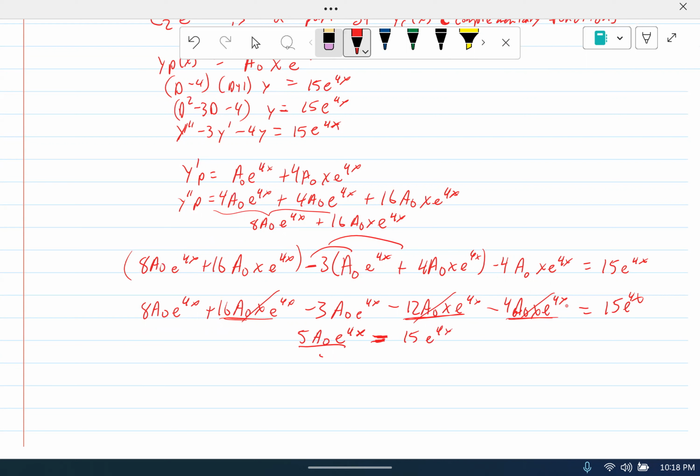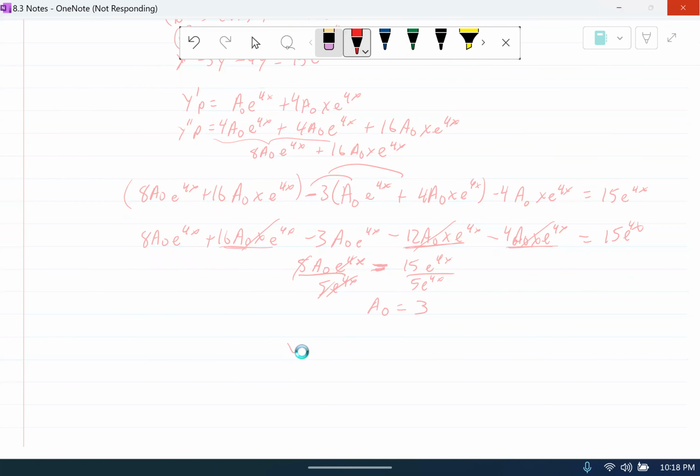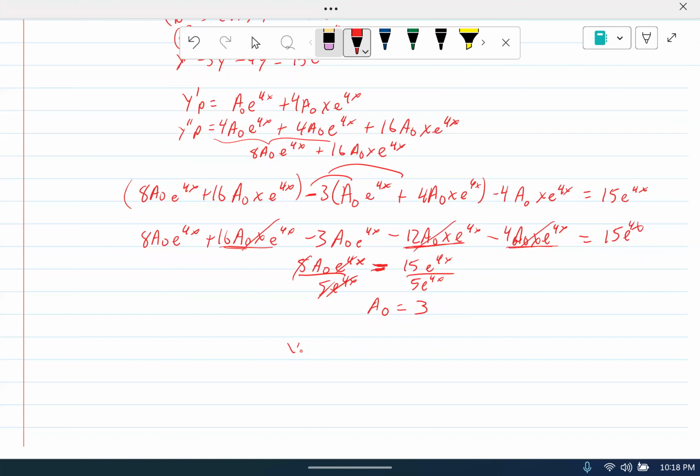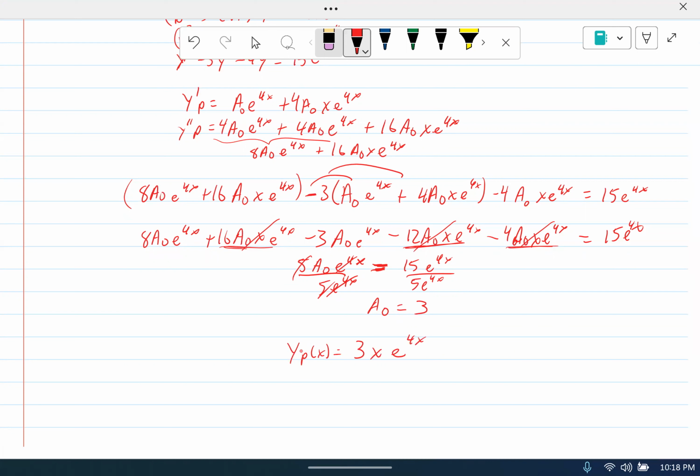If I divide by 5 e to the 4x, I just get a naught to be equal to 3, which is what I wanted. Okay, so my particular solution, yp of x, is going to be equal to 3x e to the 4x.